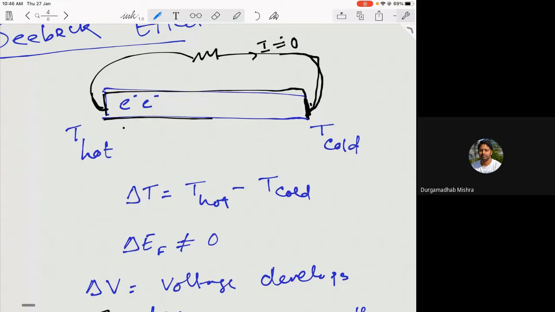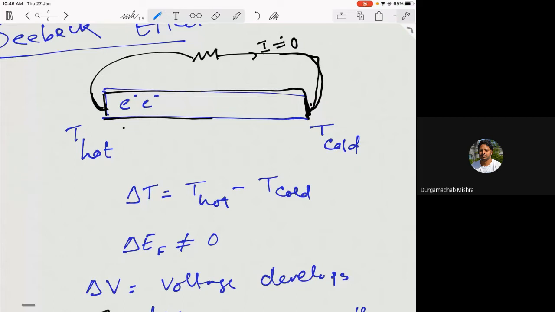However, if you take two dissimilar materials, for example the famous nickel and chromium, which is normally used for a thermocouple, then these two junctions can develop a potential difference which you can measure using a voltmeter.